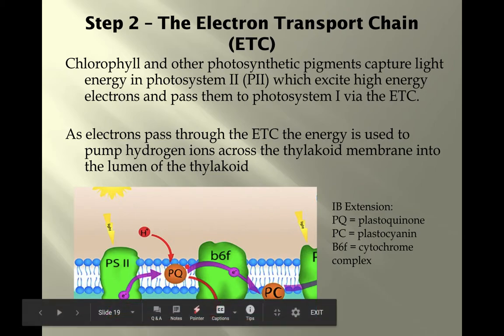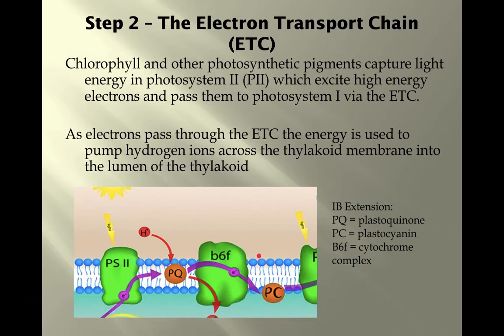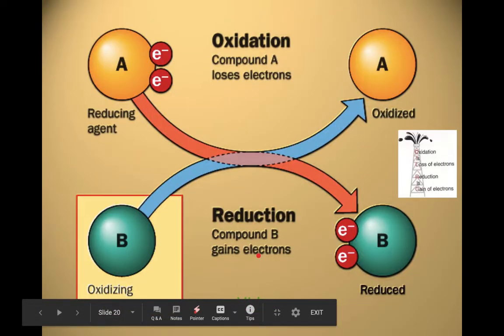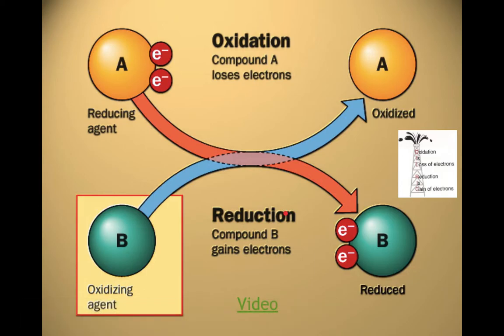Then the electrons are passed from plastoquinone to the cytochrome complex, so plastoquinone is oxidized and the cytochrome complex is reduced. And then they're passed on again, oxidized, reduced, and so on. So we have lots of oxidation reduction reactions occurring already within the electron transport chain.